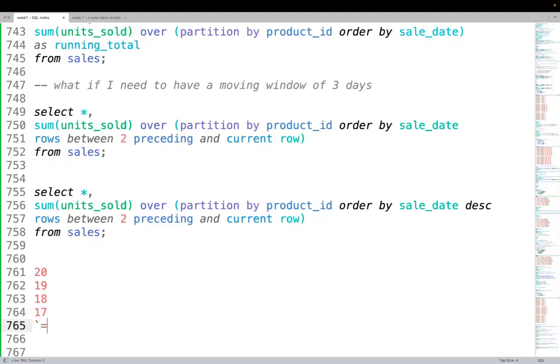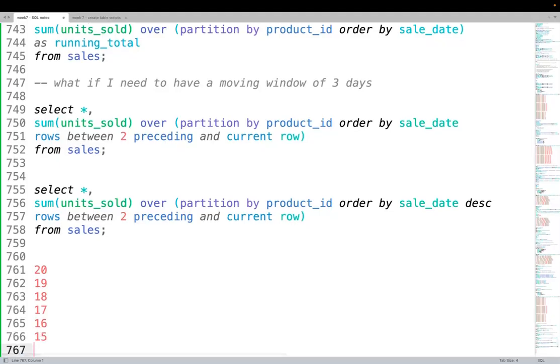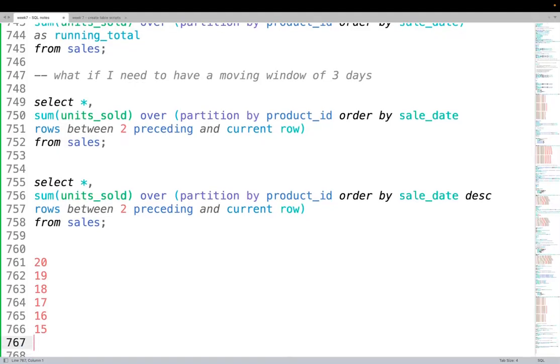Then 16th, and after this, let's say 15th. I hope this makes sense, right?